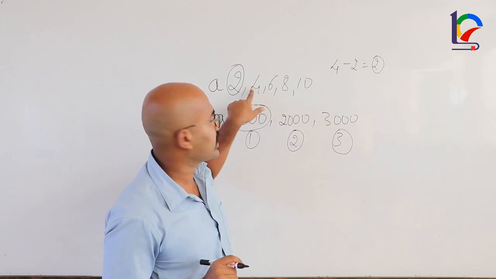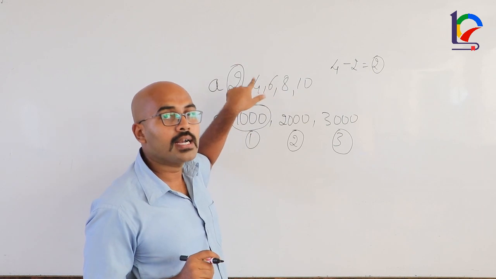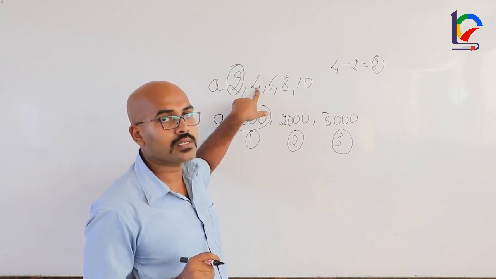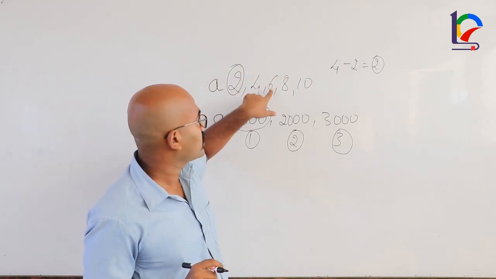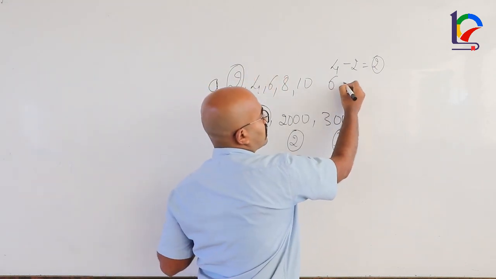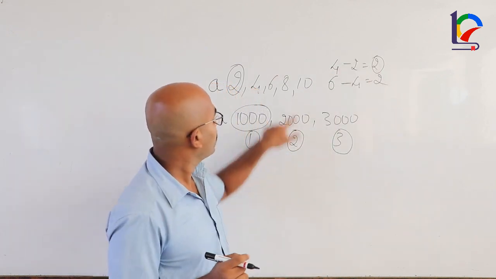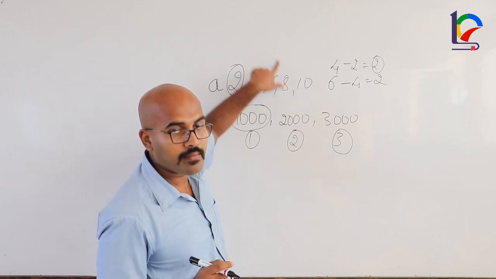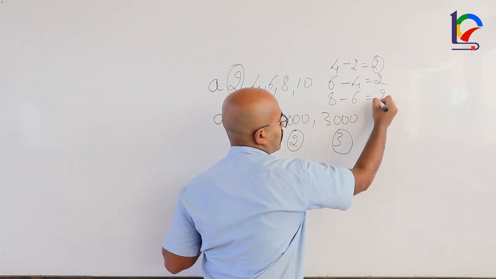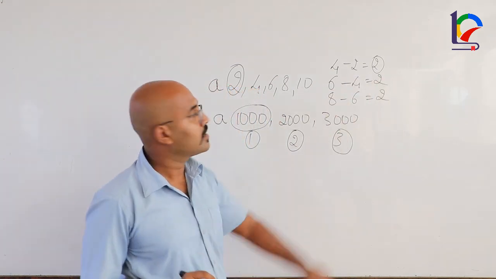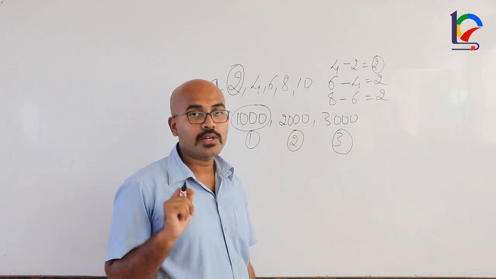It's not just for the second term and the first term; it is the same for the third term and the second term. We need to take the succeeding term and the preceding term. The succeeding term, 6 minus 4, is 2. Similarly, the next term 8 minus the preceding term 6 is 2. So the common difference in all the cases is the same, that is 2.